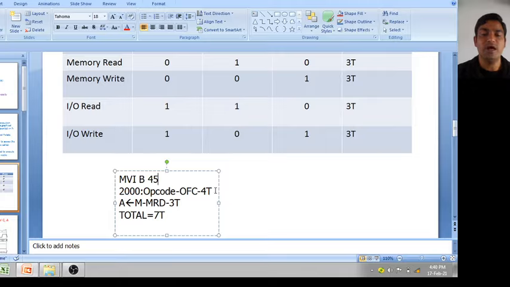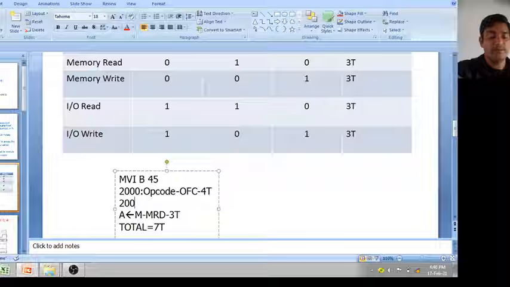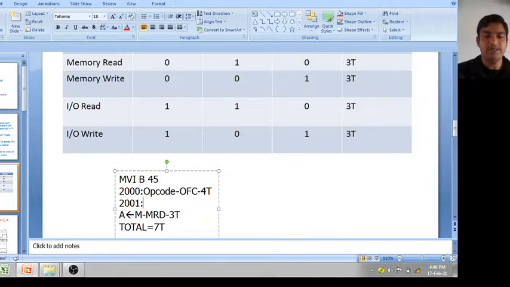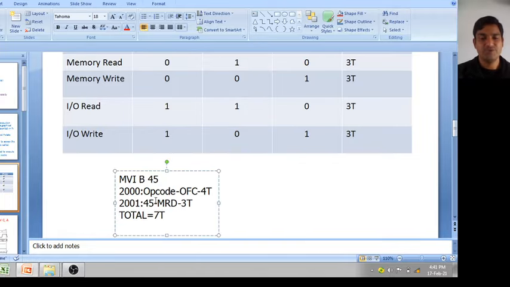Then in 2001, what will come? This 45. So what will be the operation? A memory read. The microprocessor cannot accept data directly from the user. First of all, you have to insert that data in memory. So total T states are 7.